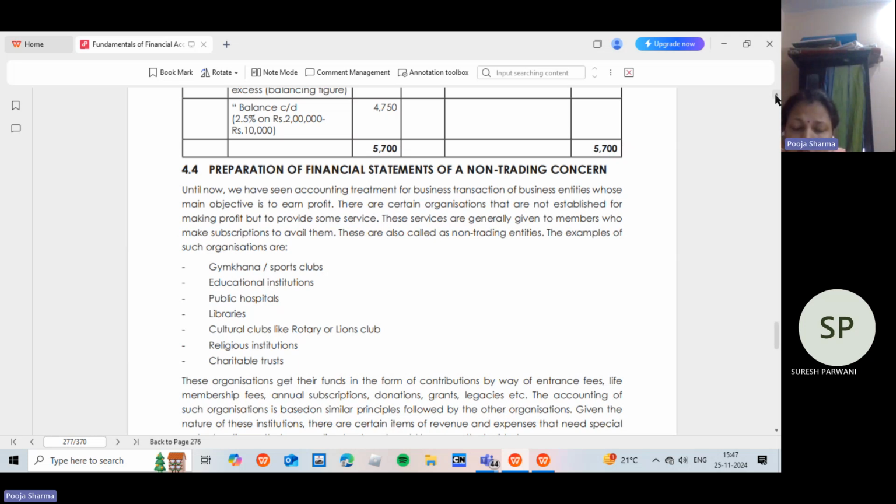Certain items of revenue expenses and income are included in the income and expenditure account and receipt and payment account. These are of a revenue nature or for the short term. Items that are of a capital nature or for the long term, we will show in the balance sheet.